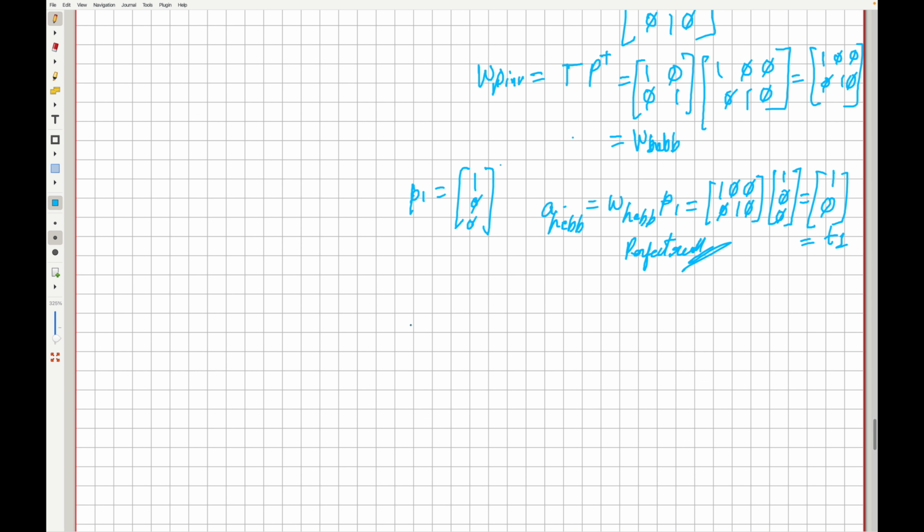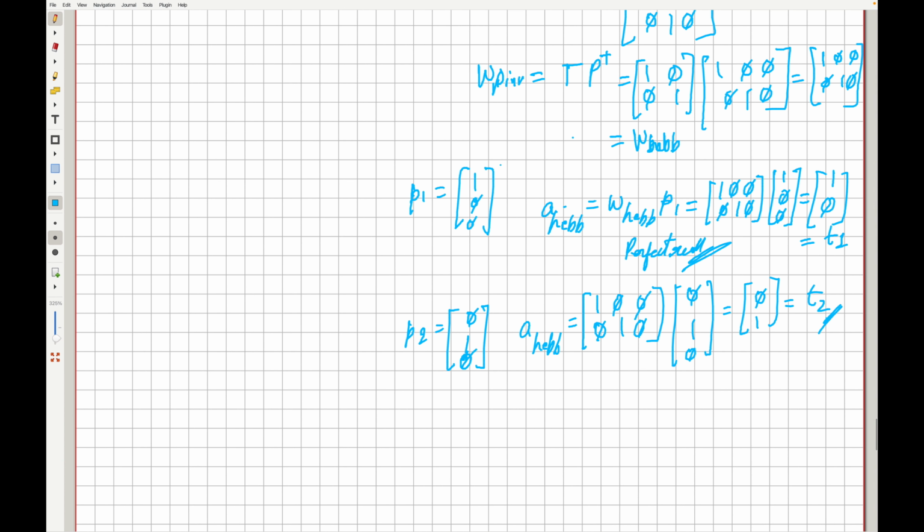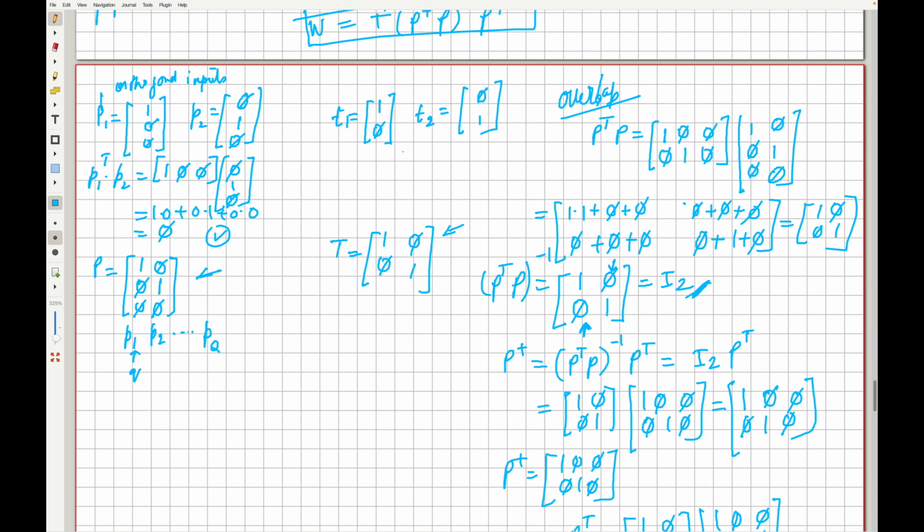Likewise we can also check for P2, which is 0 1 0, and if we calculate the output, that would be equal to 1 0 0 0 1 0 dotted with 0 1 0. And so again the output that we get is the exact match that we had above, which is T2.